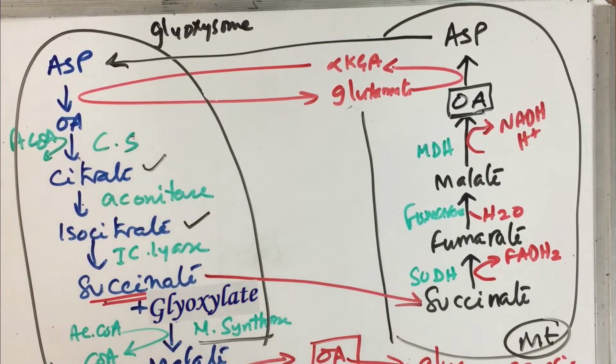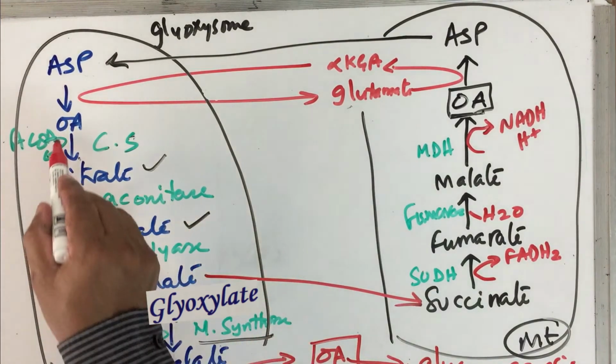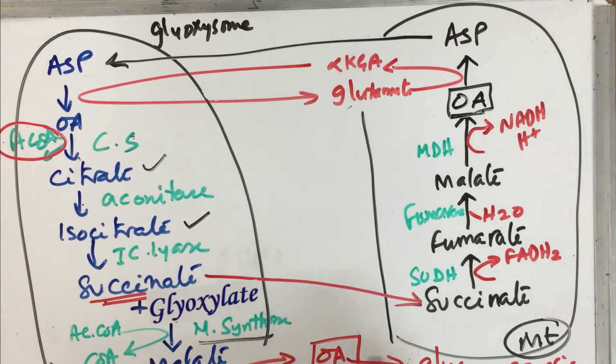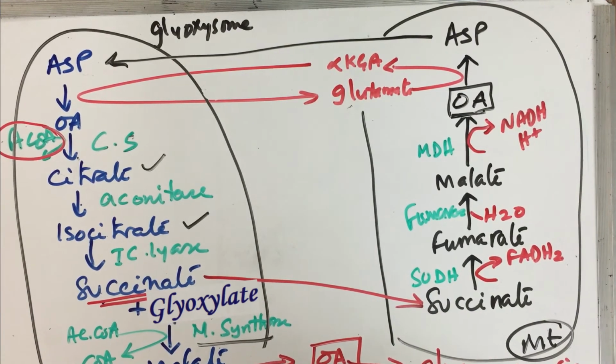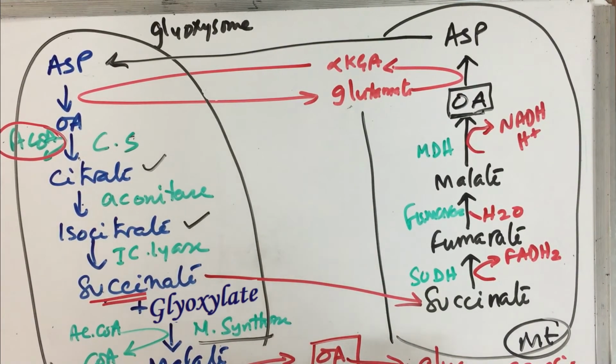You see how fatty acid in the form of acetyl-CoA contributes towards the formation of glucose. So this is what is known as the glyoxylate cycle.